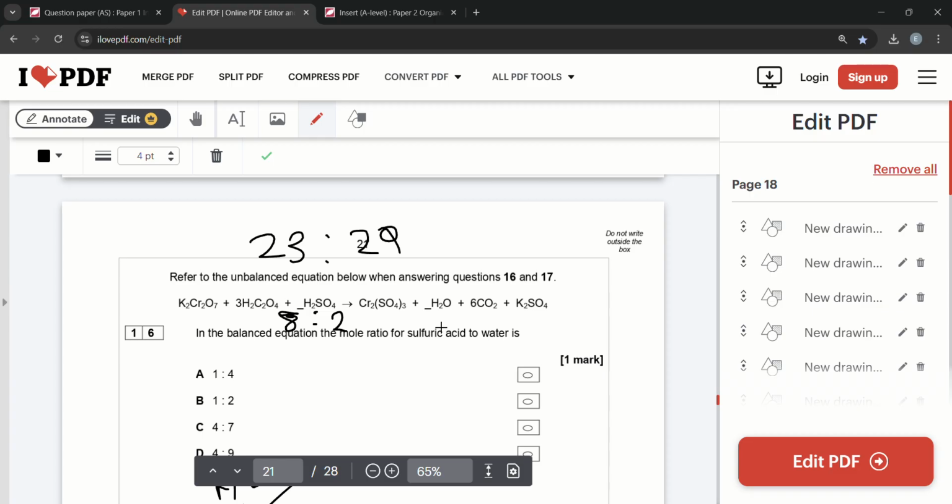If I put a 7 on the right hand side, I'll have 14 hydrogens, and I'll have 36 oxygens. And if I put a 6 on the left hand side, I'll have 12. I'll have 14 hydrogens, and 24 extra. No, I don't want that, do I?